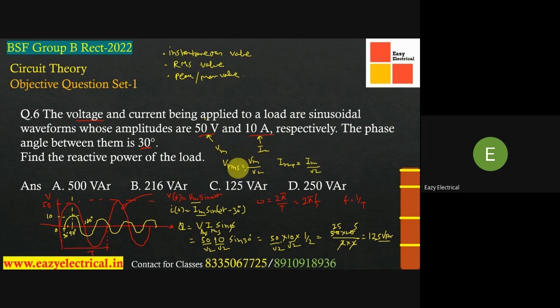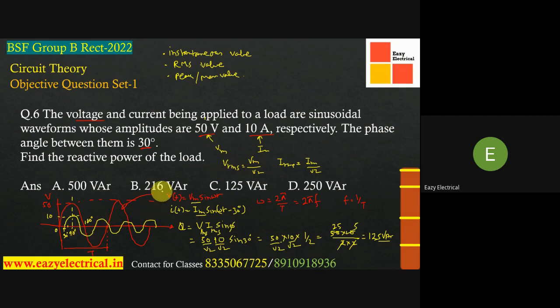Now, one more point you must keep in mind: if the waveform is not sinusoidal, suppose it is said to be triangular or rectangular, whatever it may be, then these values of √2 will change. This relationship of the RMS and maximum values by √2 is actually valid for sinusoids only.